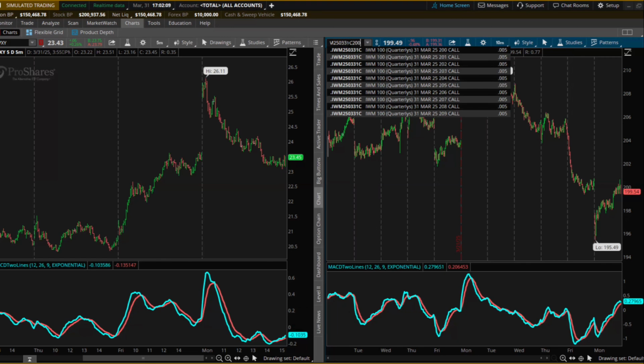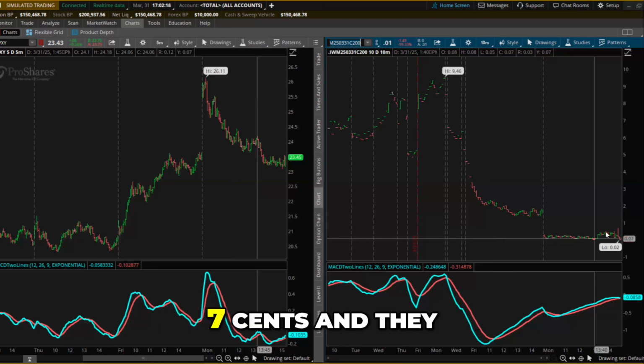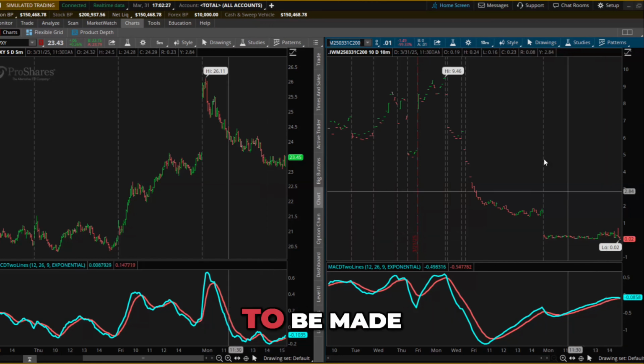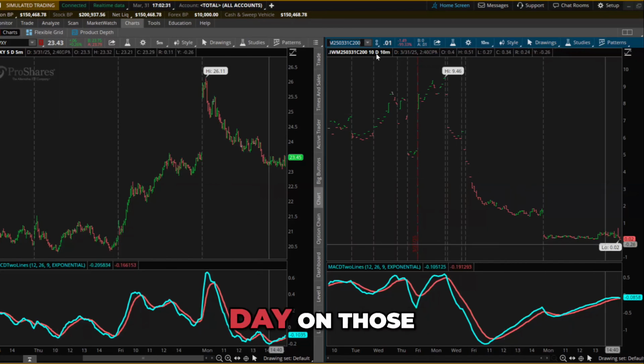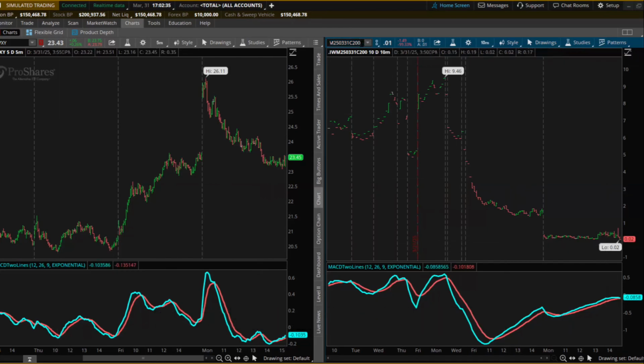They were about 7 cents, and they moved up to 49 cents, so there was a little bit of money to be made, but it didn't last till the end of the day, because it didn't close over 200. That's right.